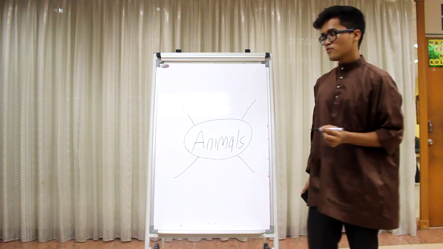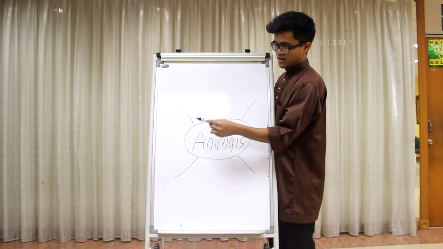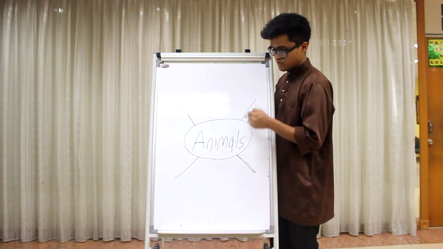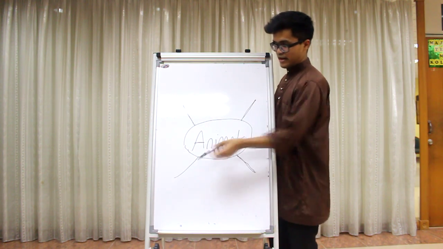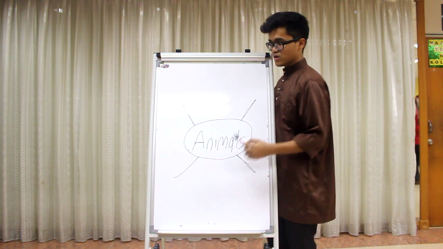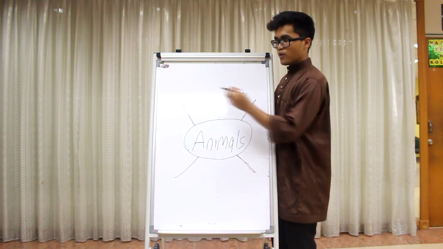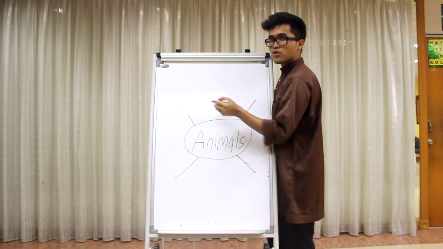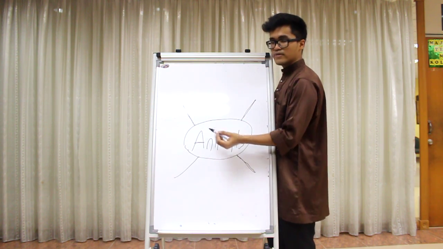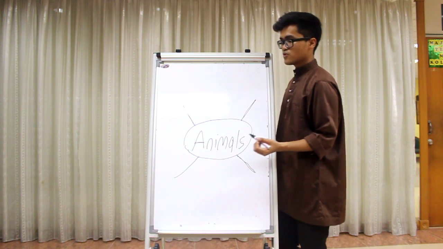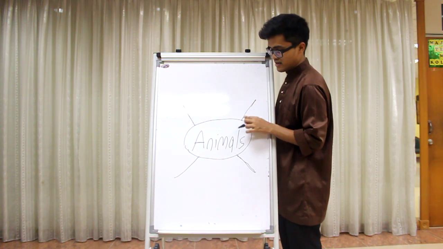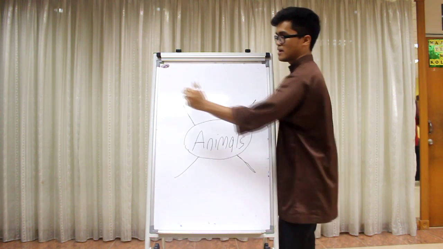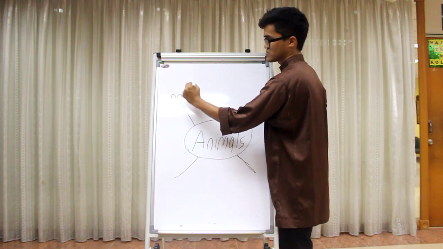And then we move on by doing these pointers that you draw at every side or every angle of the topic. What do we have to write here? We write more specific information that relates to animals. So what I understand is that animals are categorized by these groups. Firstly, mammals.